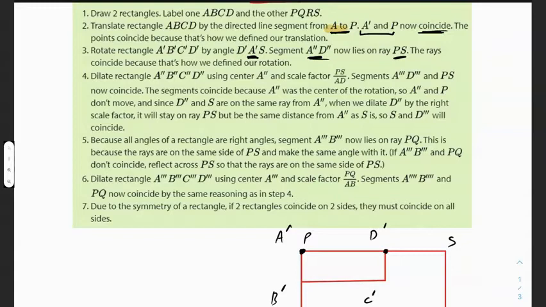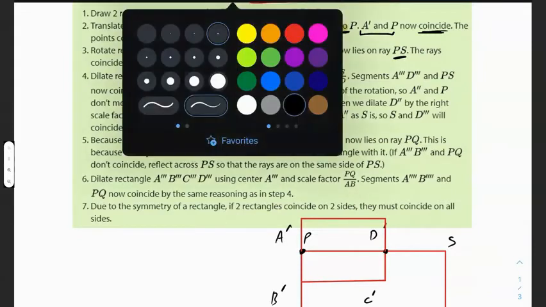Let me get my. There we go. Okay. So A double prime, D double prime is definitely on PS. The rays coincide because it's defined in our rotation. Okay, so this kid's getting a little shaky here.